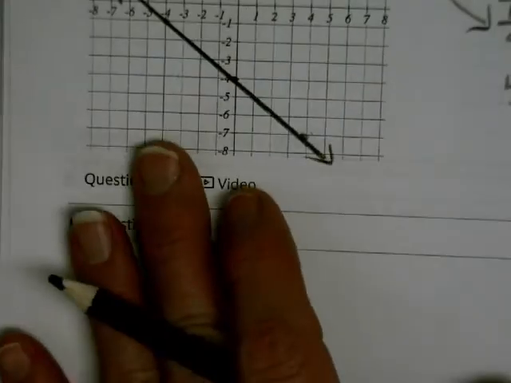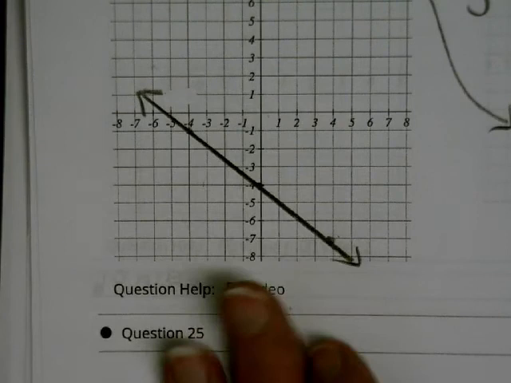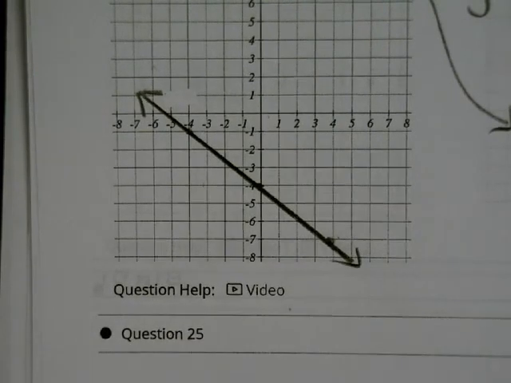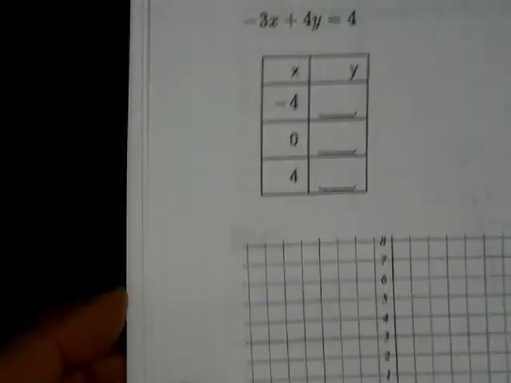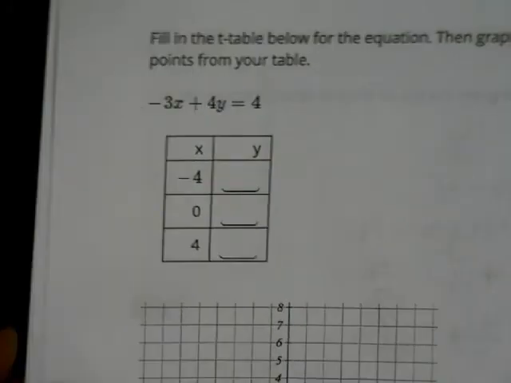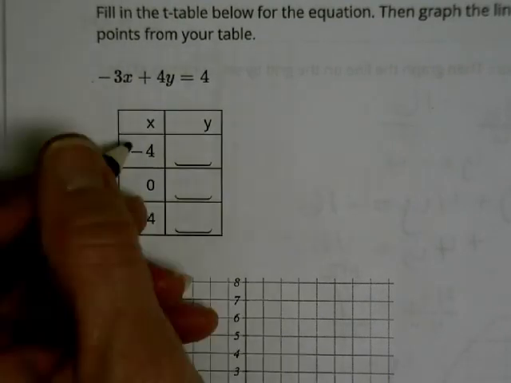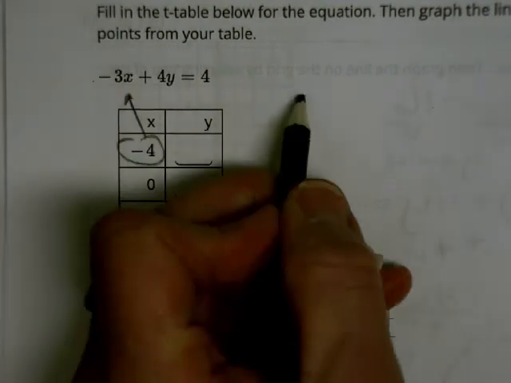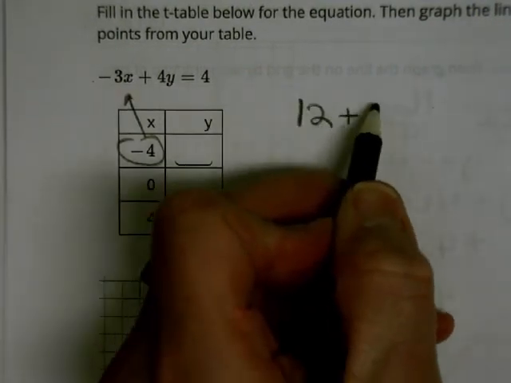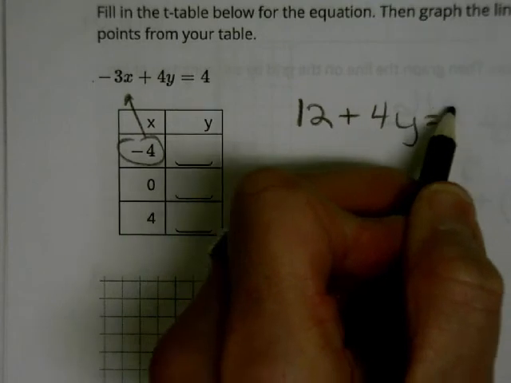Okay? So I went up 1 instead of down 1, but I found out I was wrong, so I could fix my problem. This is right, but my graph, I had a point graphed wrong. That's why they usually have you graph 3 points on a line, because you can make a mistake that way. Okay.